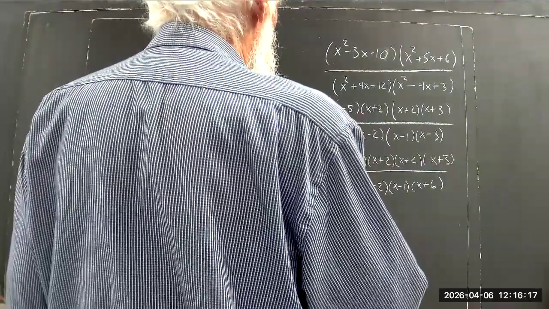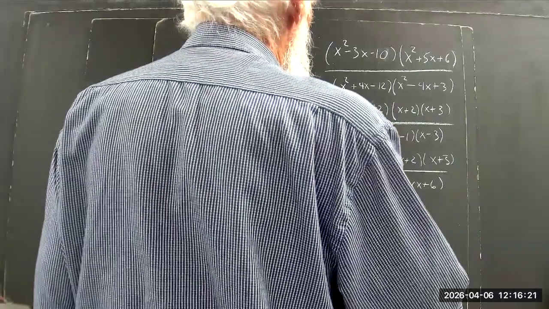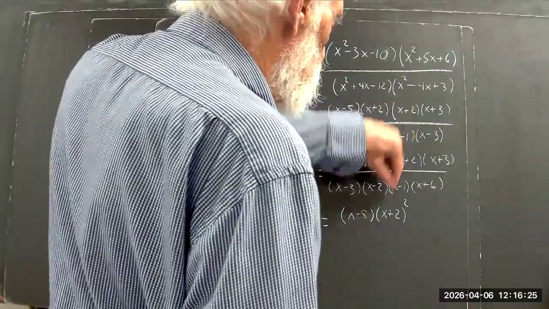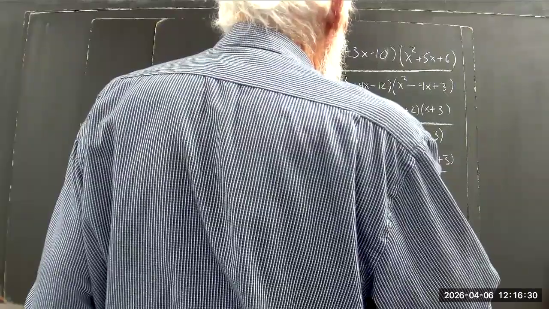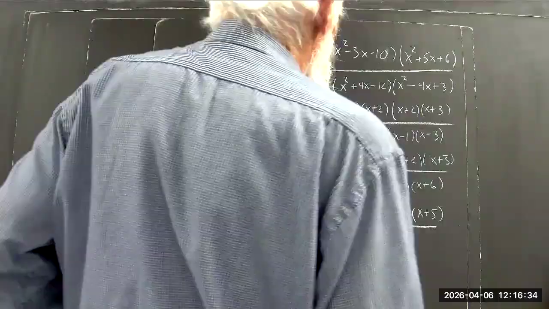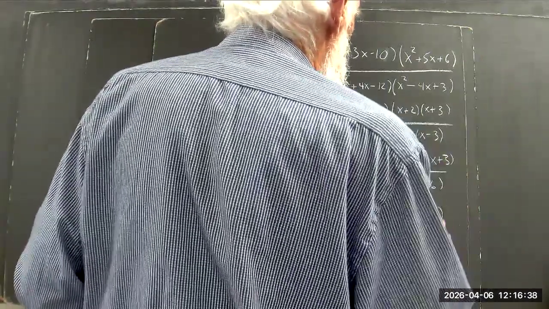However, we do want to write out the result in more compact form by expressing x plus 2 times x plus 2 as quantity x plus 2 squared. And then, I wrote a bad 3 up here.